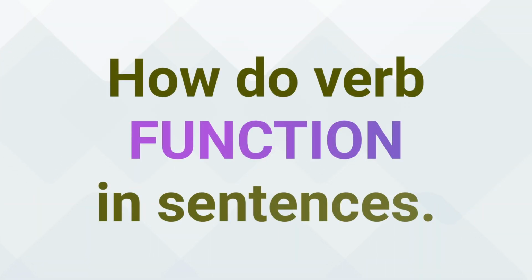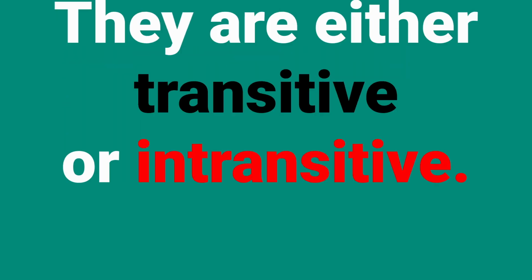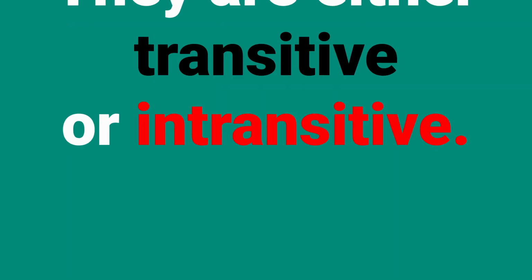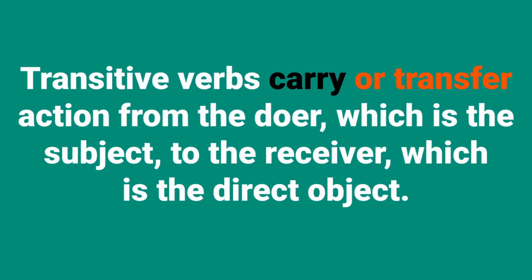Let's move on. How do verbs function in sentences? Well, they are either transitive or intransitive. Let's begin with transitive verbs. Transitive verbs carry action from the doer, which is the subject of the sentence, to the receiver, which is the direct object in the sentence.